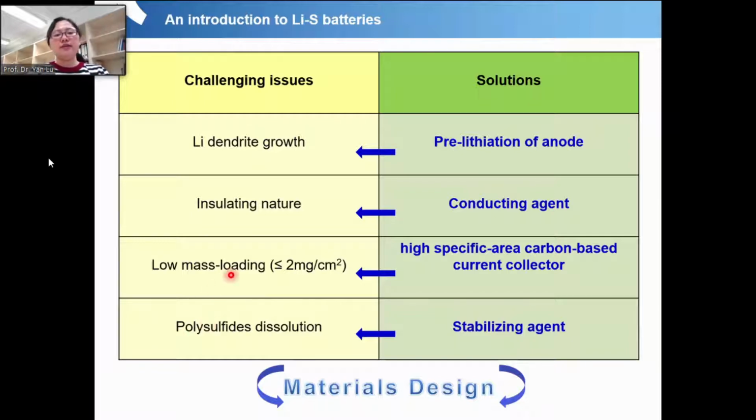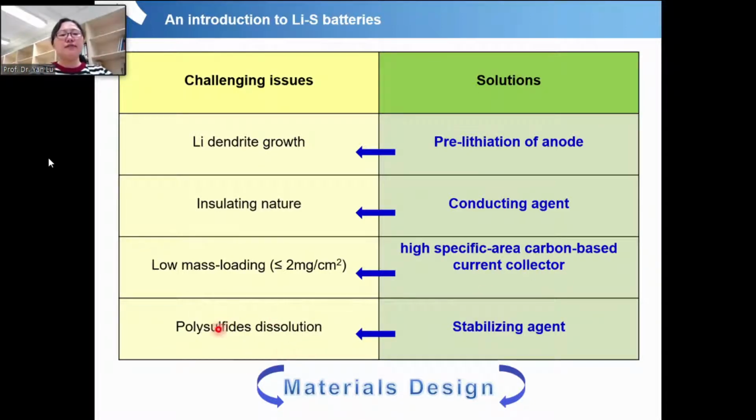And for the low mass loading of sulfur in the cathode, it's possible to use high specific area carbon. In that case, you have the possibility to absorb more sulfur in your cathode, and in that case, to increase the mass loading.